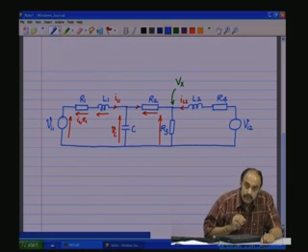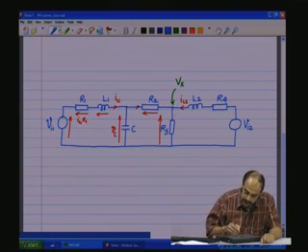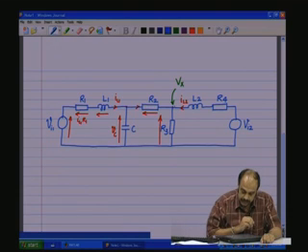So, now coming to this node here, what is the current that goes through R3? It is this current plus this current, meaning the current through R2 and the current through IL2, which is going through R3. And therefore, that current into R3 is going to be Vx.